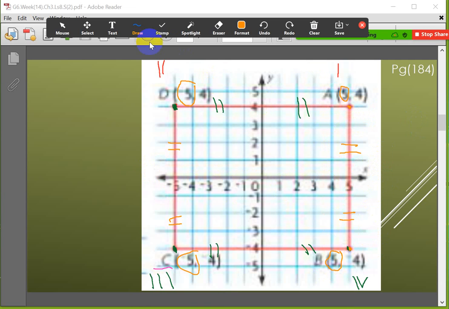So girls, you have to remember that when I have any 2 points, like A and D, okay, I will change the color.